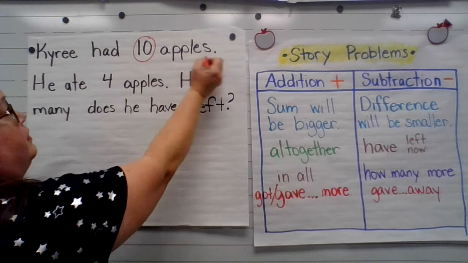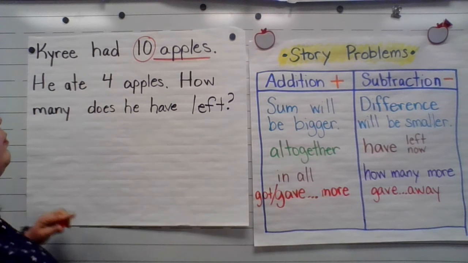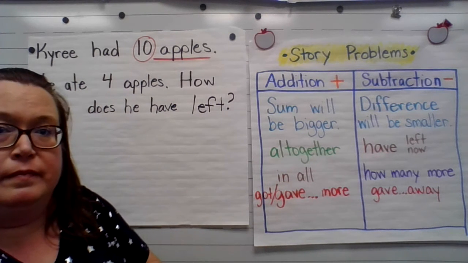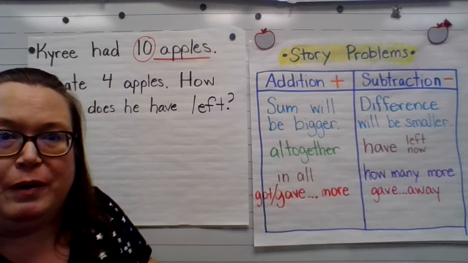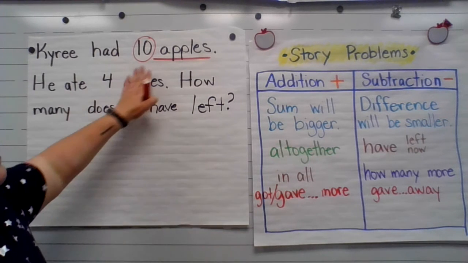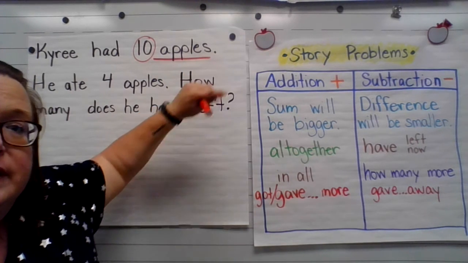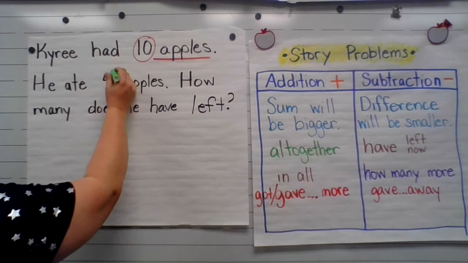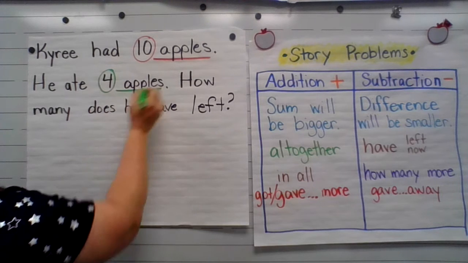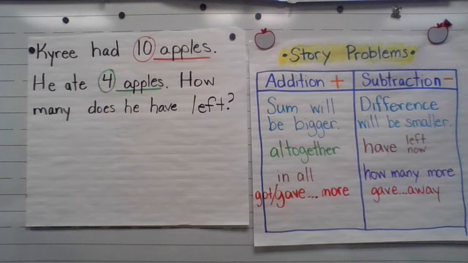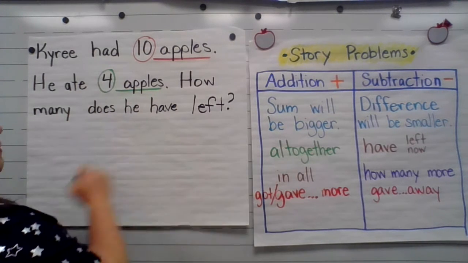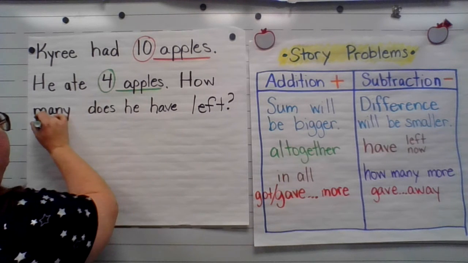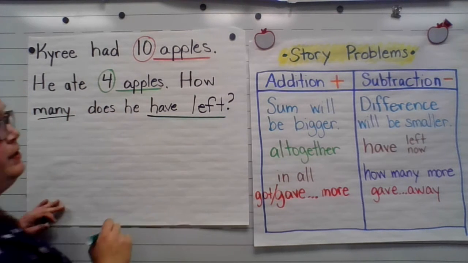But I'm also going to underline what we're working with, our label or our unit. 10 what? 10 apples, okay? Then he ate 4 apples. And what we want to find out is how many does he have left?